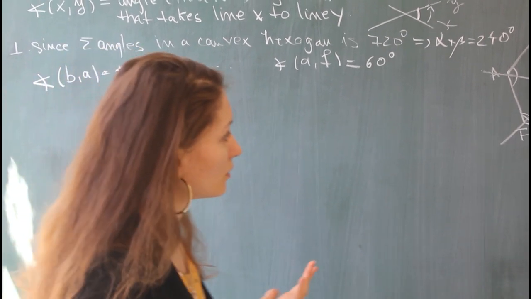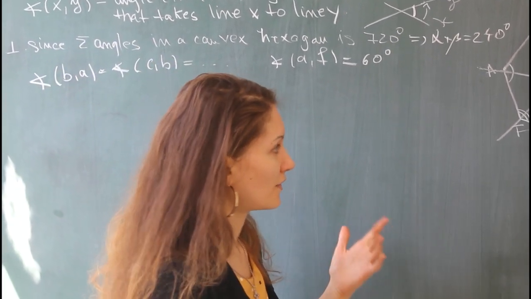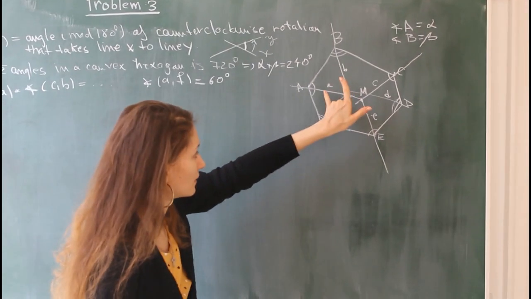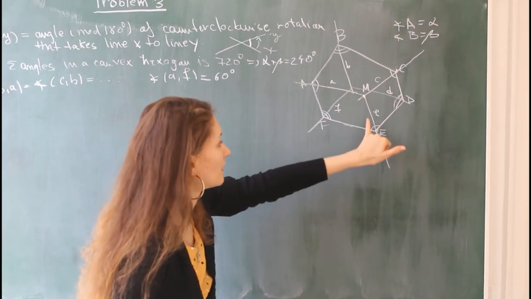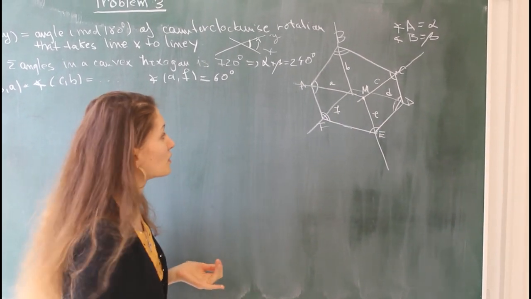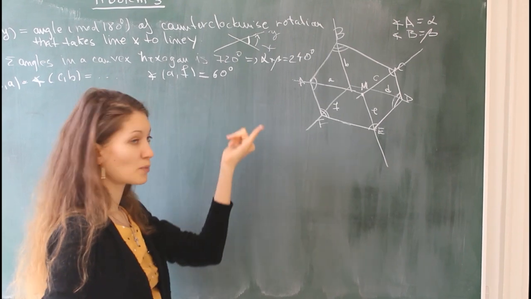But we are told that something happens with the three bisectors a, c, and e. So it's natural to look at the directed angle between a and c.